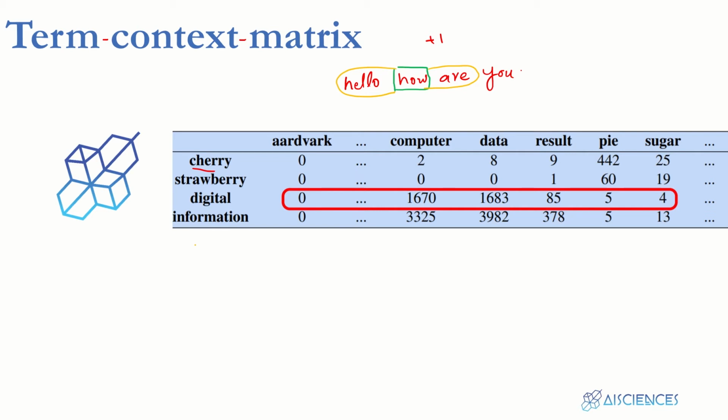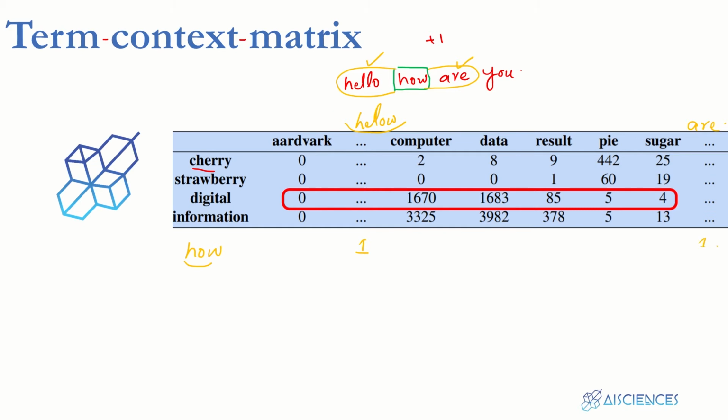I will have the word how here, and in the context I will have the word hello and the word are. So I will see hello appears as a context of the word how, so I will add one here and I will add one here.